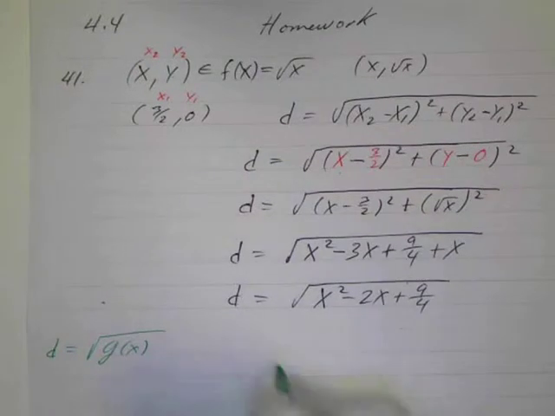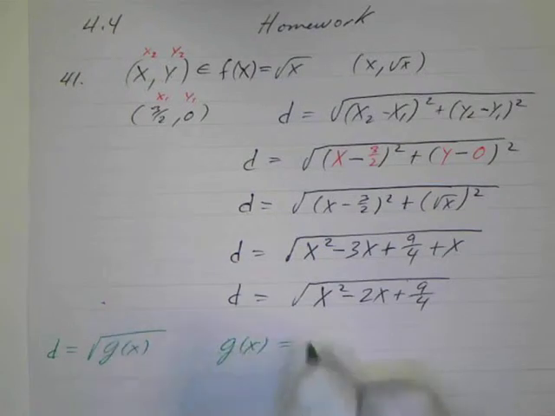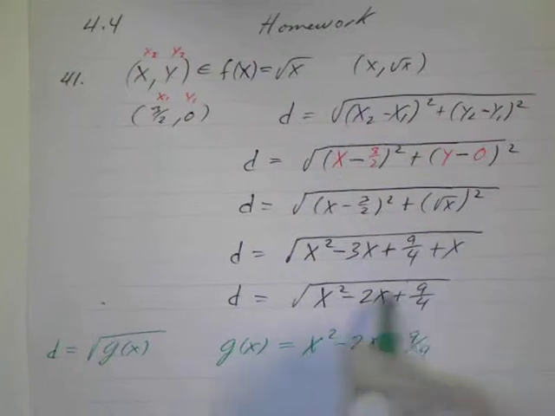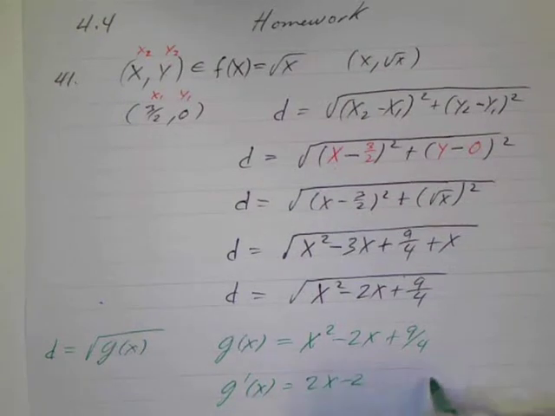So remember that, because in these problems we have to find the distance. So g of x just equals x squared minus 2x plus 9/4, and if we can minimize that by taking the derivative, then we can find the minimum value for the whole thing. So g prime of x equals just 2x minus 2.